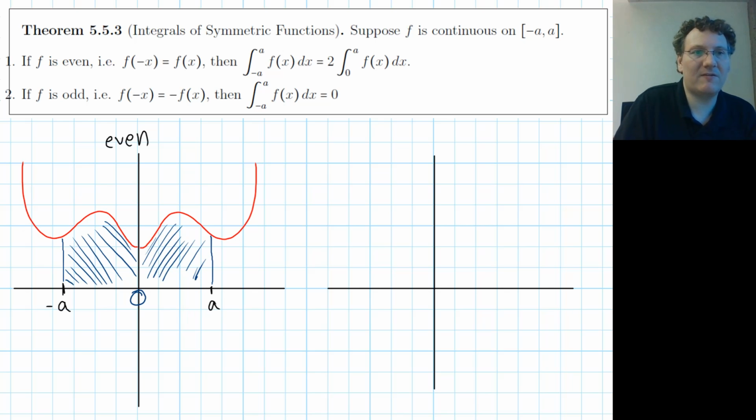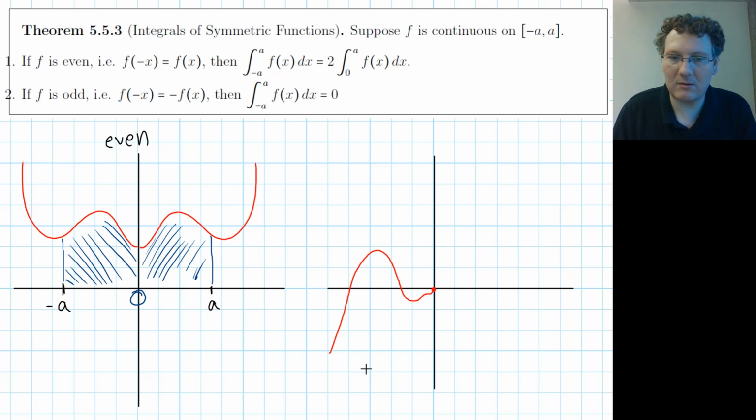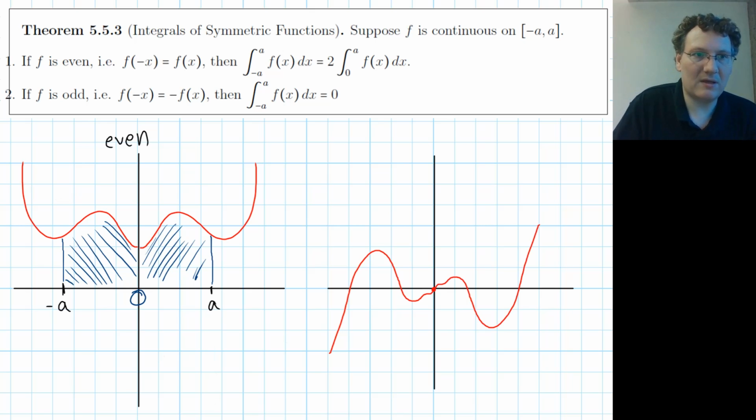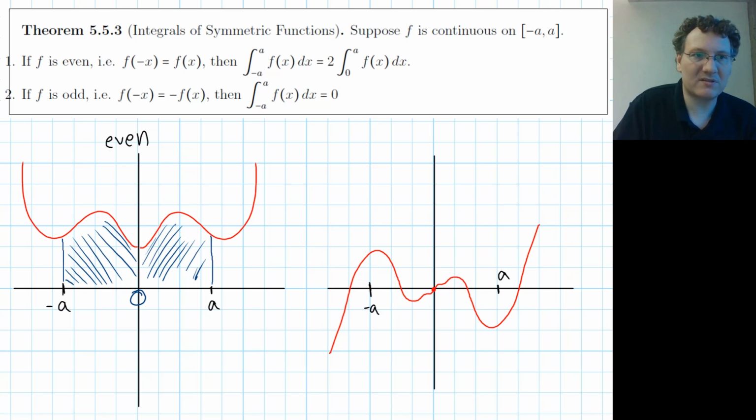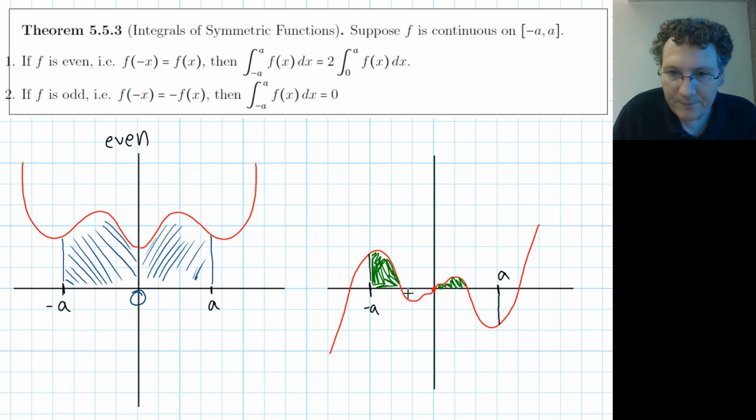Now, if the function is odd instead, odd functions are always going to pass through the origin. If I were to integrate this from, let's say this is negative a, and then that would be a, of course, the area under the curve, if I'm going to put the positive areas in green, let's say the negative areas I'm going to put in yellow.